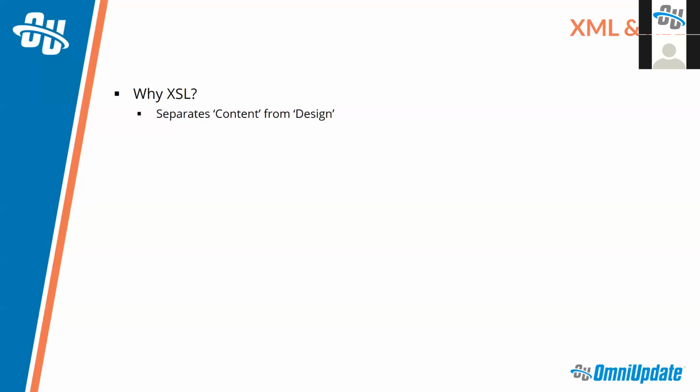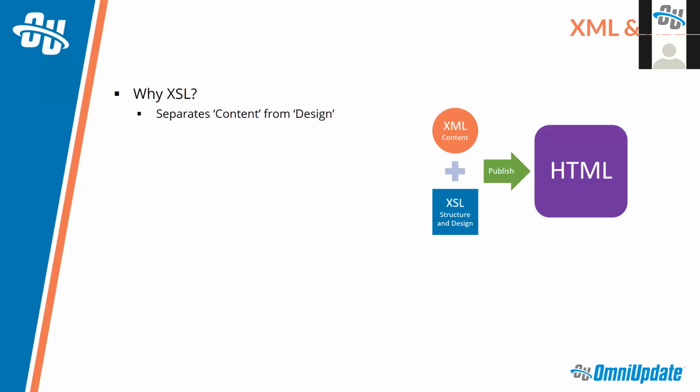And so we're telling how to actually view that content, if that makes sense. So our basic equation is that we have our XML, which is the content, and then we run it through the XSL, which is the structure and the design. And when you publish it, or technically preview it, then you're going to get HTML as your final result.